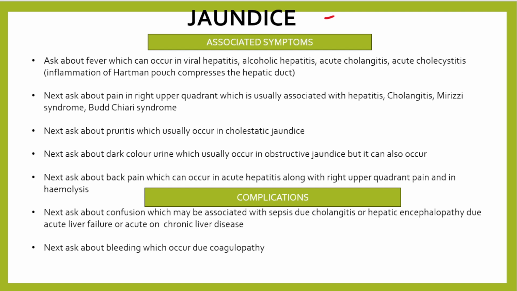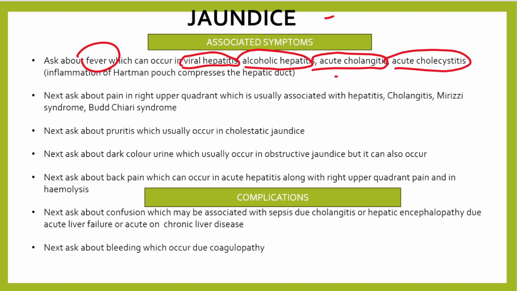Like we will ask about fever. If fever is present, it could be viral hepatitis. Then we will ask about nausea and vomiting, abdominal pain as well. Fever can occur in alcoholic hepatitis. It can occur in acute cholangitis and acute cholecystitis.